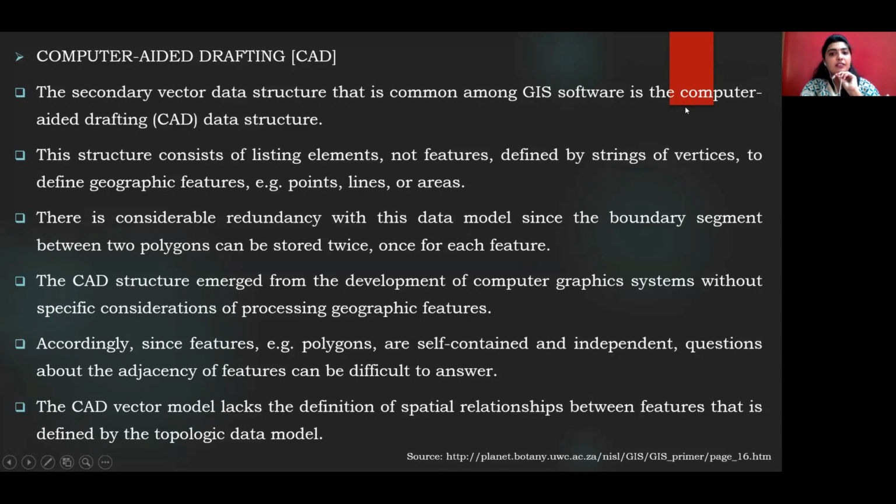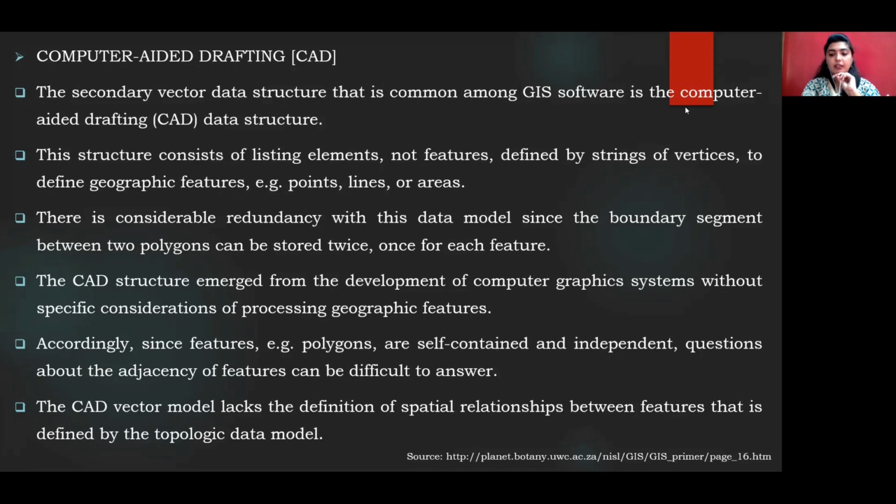This structure consists of listing elements, not features, defined by strings of vertices to define geographic features. There's considerable redundancy with this data model, since the boundary segment between two polygons can be stored twice, once for each feature.